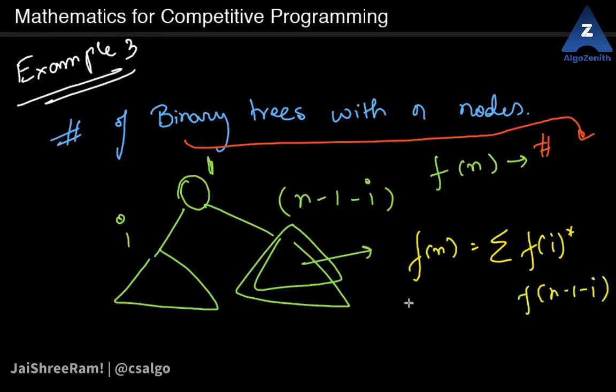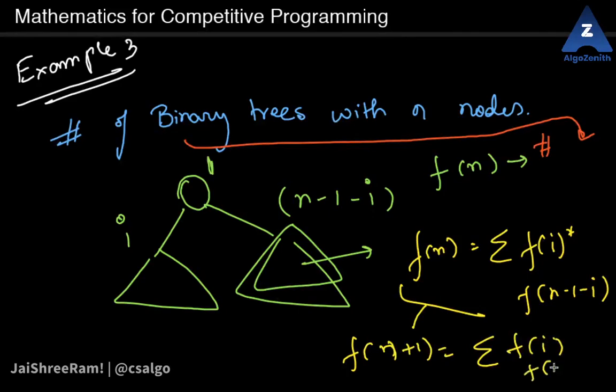And if you look at this properly, if you just put n equal to n plus 1, this becomes nothing but f of n plus 1 equal to summation of f of I f of n minus I, right? I equal to 0 to n. This is I equal to 0 to n minus 1. Make sense?